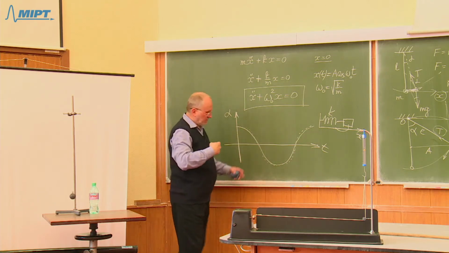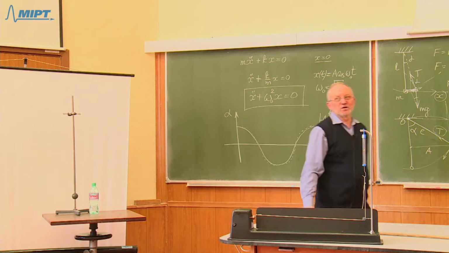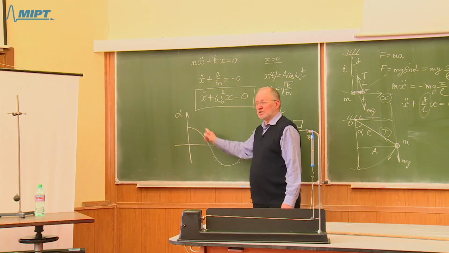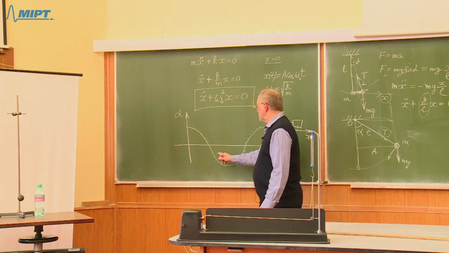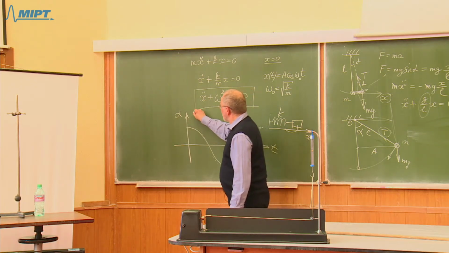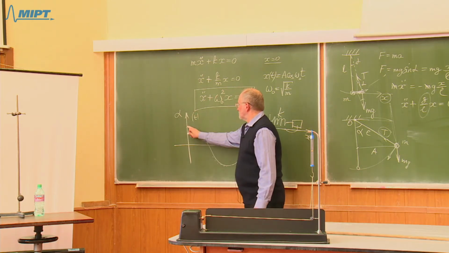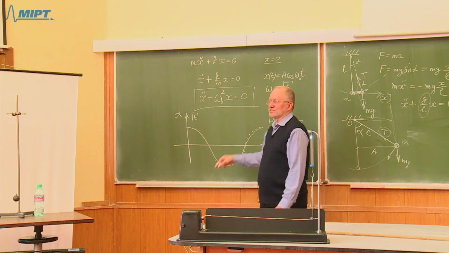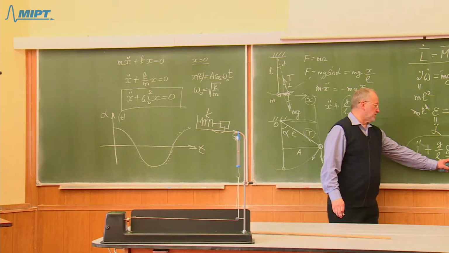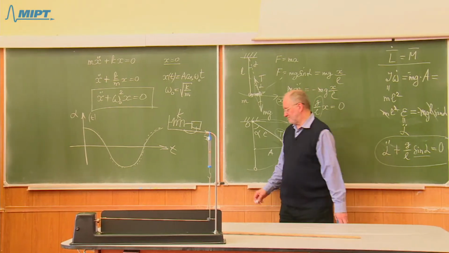It's close and can be approximated by a harmonic function. But strictly speaking, the actual angle alpha as a function of time will not coincide exactly with a harmonic function, because the exact equation involves sine alpha.